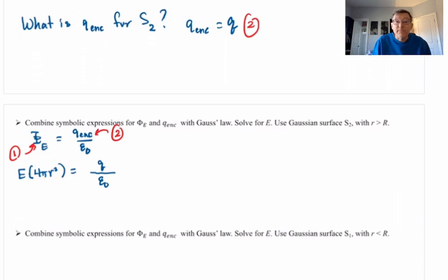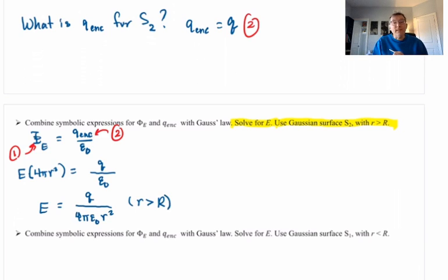And solve for E. We're using the Gaussian surface S2, where little r is greater than big R. So we get E equals Q over 4 pi epsilon 0 little r squared. Right? That's how we solved it.